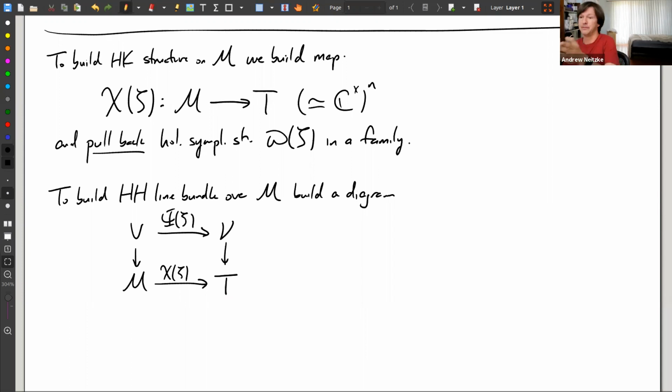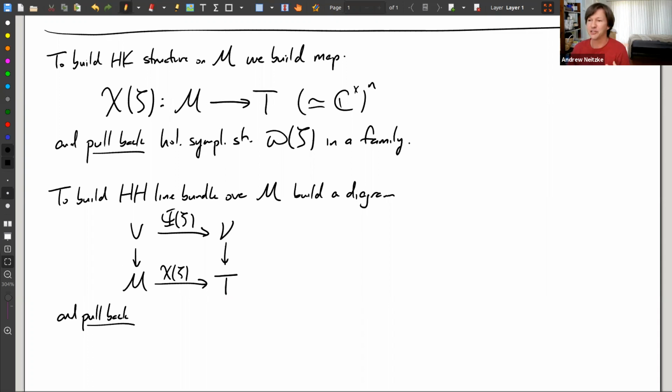That means I have to give a map of the line bundles, which covers the map of spaces. And then we'll just pull back. So in order to get a hyperholomorphic line bundle, strictly speaking, all I would need is to pull back the holomorphic structure through this map.